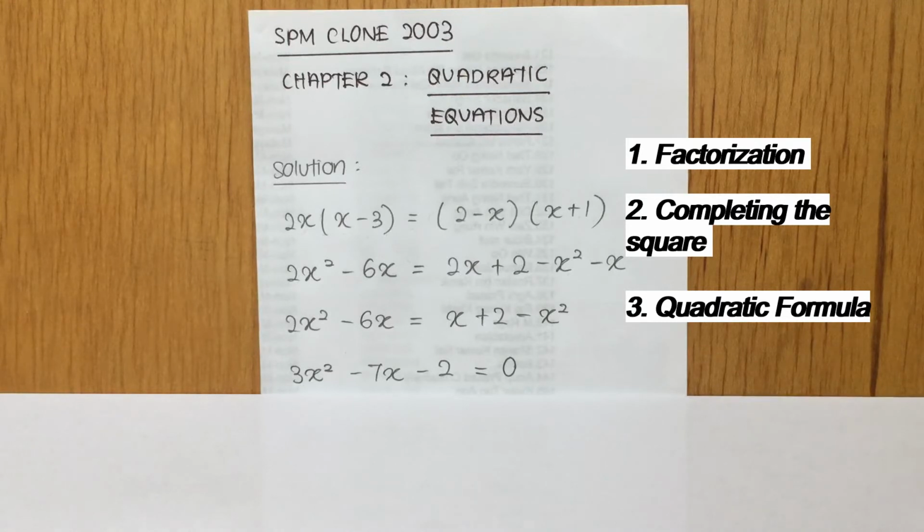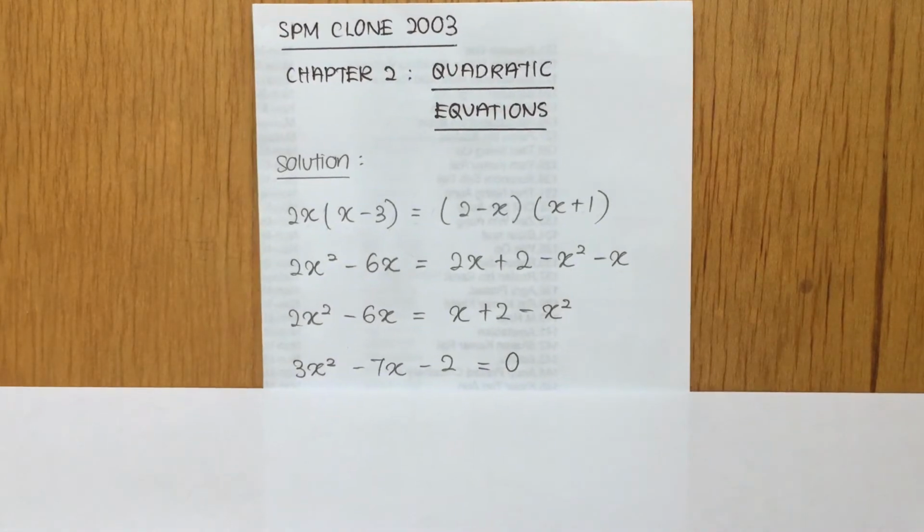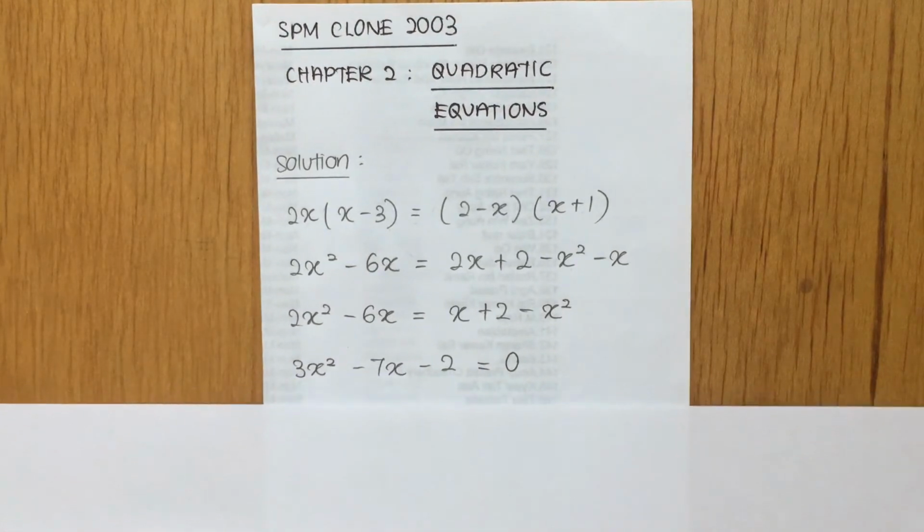Since the question mentioned to give your answer correct to 4 significant figures, the question itself is giving you a hint that you need to use the quadratic formula, which is the third method. Why are they telling that? Because this quadratic equation you cannot solve using the factorization method. That is the reason you will end up getting decimal values. Okay, that is the reason, guys. So let us move on to the next step.